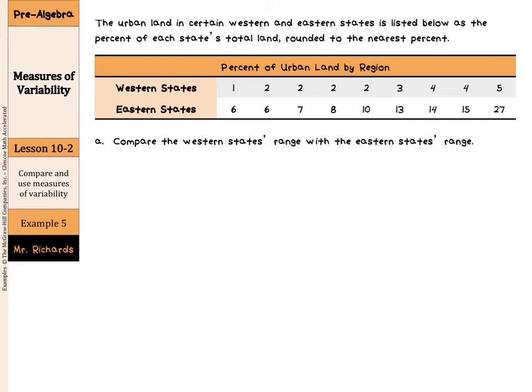Well, if we first look at our western states range, the high end of the western state was 5%, the low end was 1%, so 5 minus 1 gets us 4%. And if we move next to the eastern states range, the highest was 27%, the lowest was 6, and 27 minus 6 is 21.